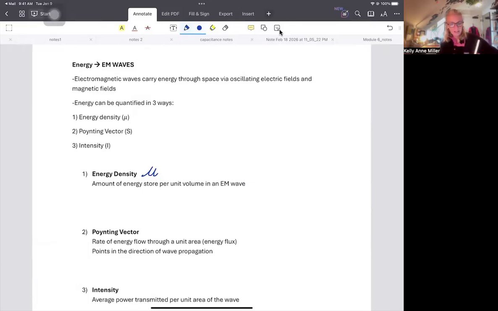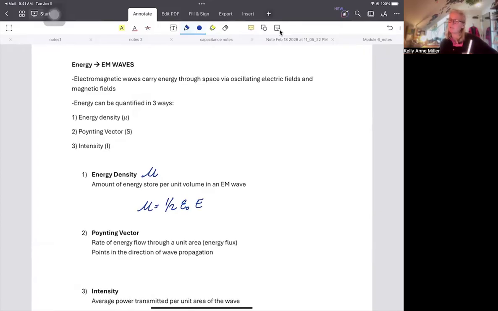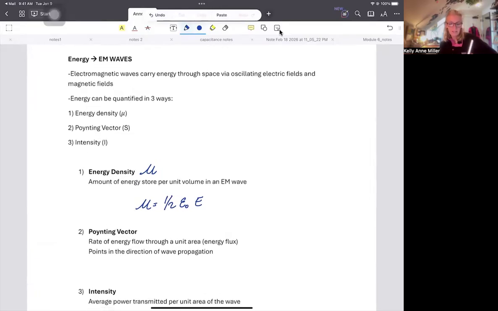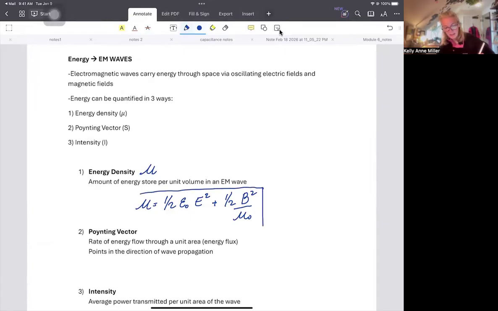The formula is 1/2 epsilon naught, the electric permittivity of free space, which is just a constant, times the electric field squared, plus 1/2 B squared, the magnetic field squared, divided by mu naught, the magnetic permeability of free space, which again is just a constant. That's how you calculate the energy density.